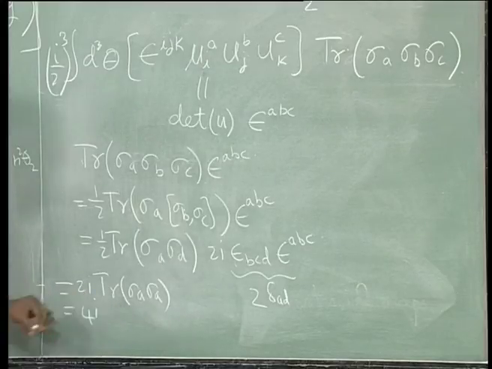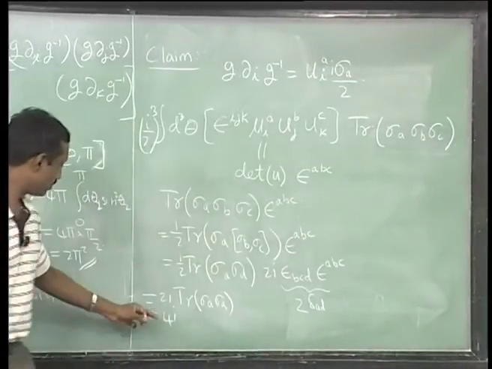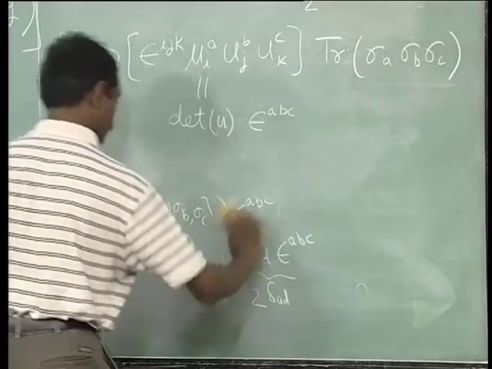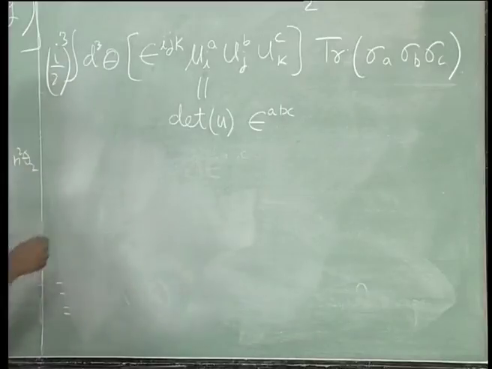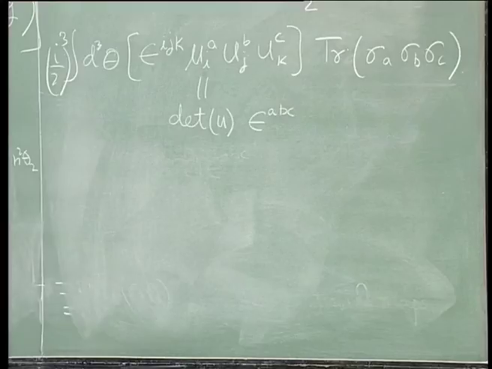Okay, are we done? I am going to erase this part. All we need to remember is that this epsilon with this gives me a 4i. So this i cubed will give a minus i, which will cancel with this. Which 3?